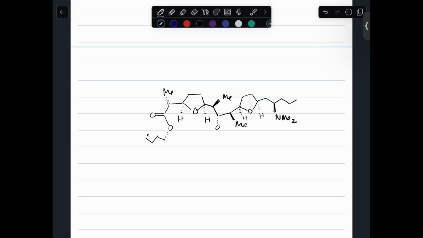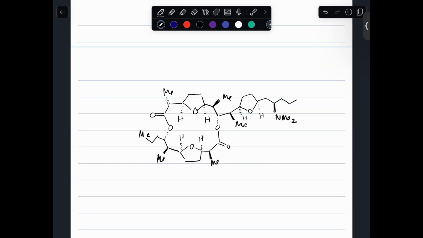This is a methyl group. Okay, so that's the structure of Papamycin.